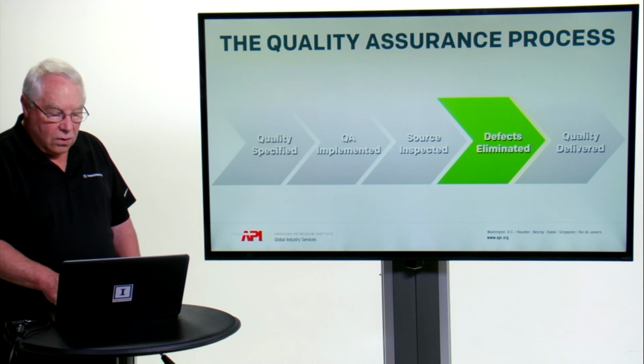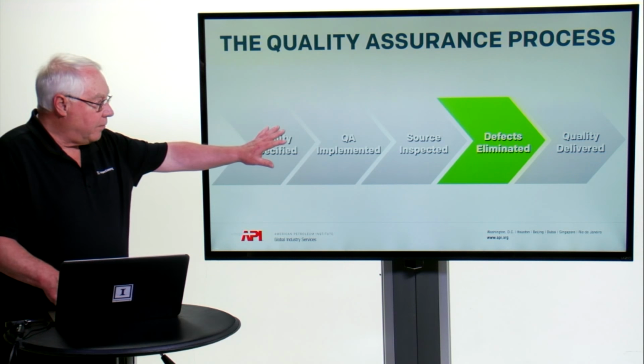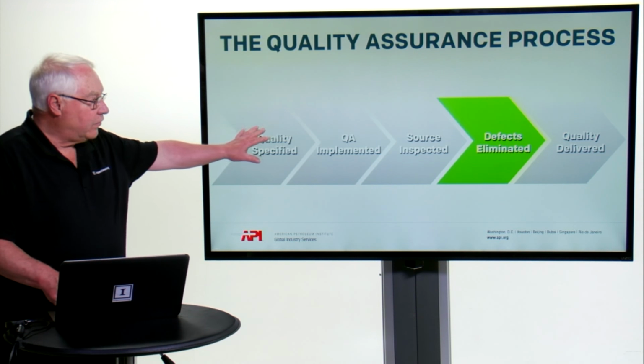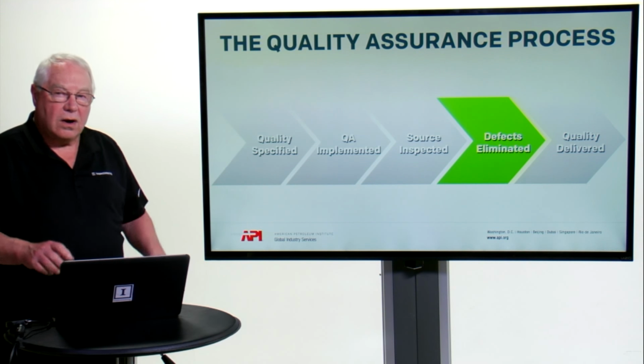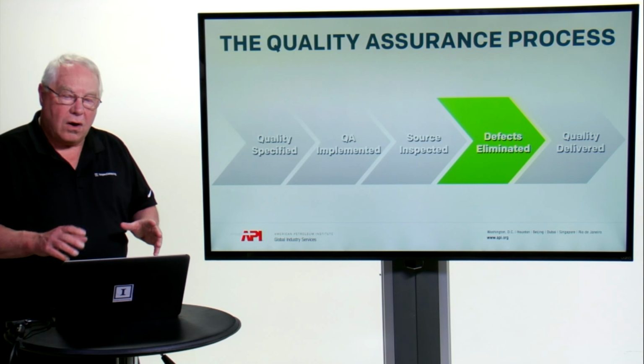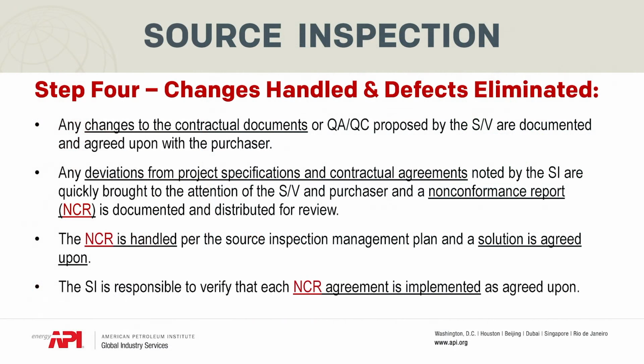Now we're ready for the fourth step in this graphic here, where defects or flaws might have been noted. Step 4, any changes to the contractual documents in the quality assurance or quality control process that the supplier vendor might suggest have to be agreed upon by the purchaser.